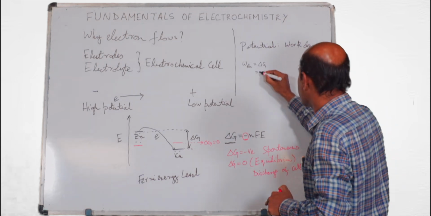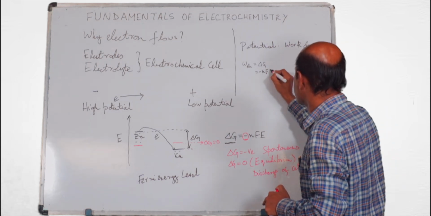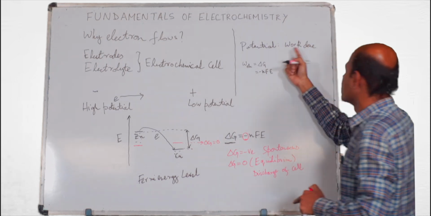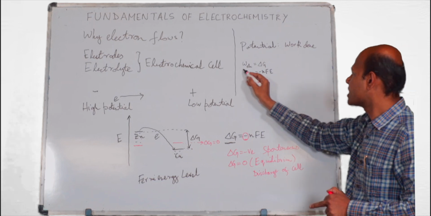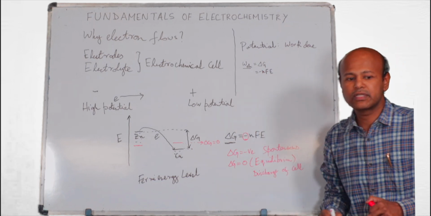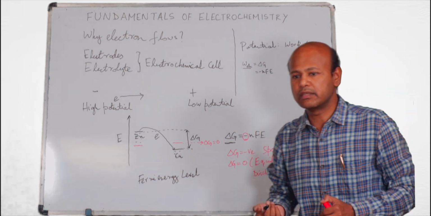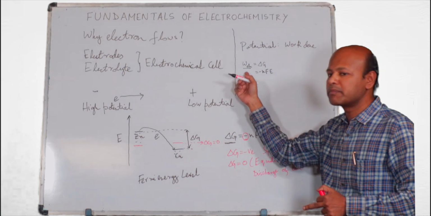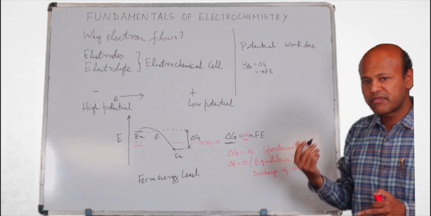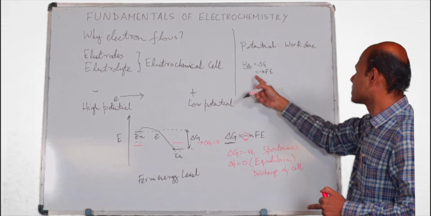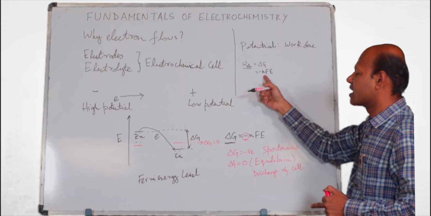So it is minus nFE. It is the electrical work, a non-mechanical work in terms of thermodynamics, and that is related to the free energy change of the system. So it equals minus nFE.